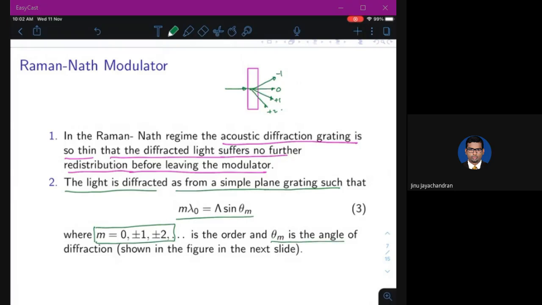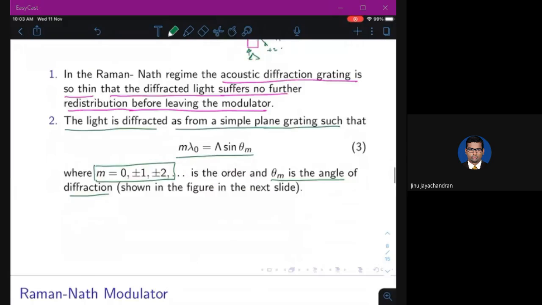Theta m is the angle of diffraction, lambda0 is the incident wavelength, and capital Lambda is the wavelength of the acoustic wave. So this is the equation which governs the Raman-Nath modulator.